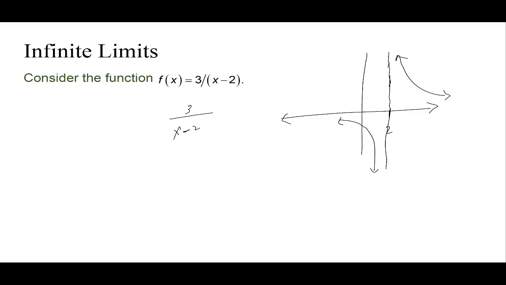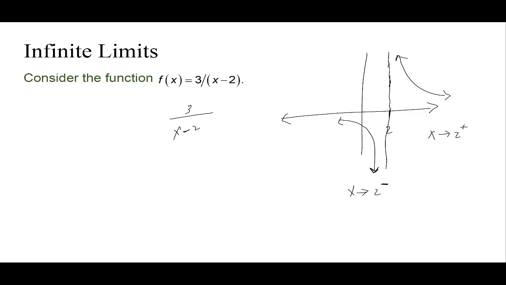So what is happening here? When x approaches 2 from the right side, the function is going up and there is no bound for that. When x is approaching 2 from the left side, the function is going down.